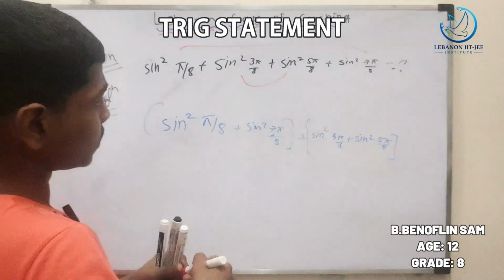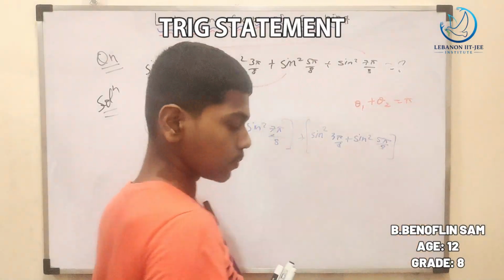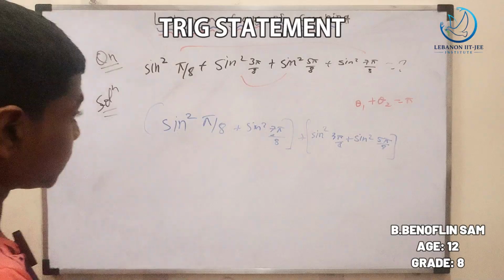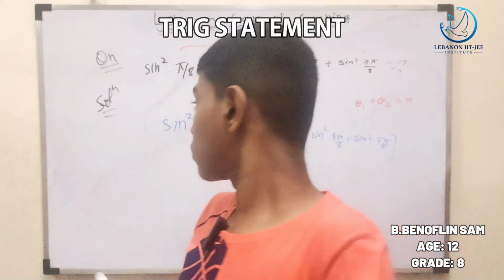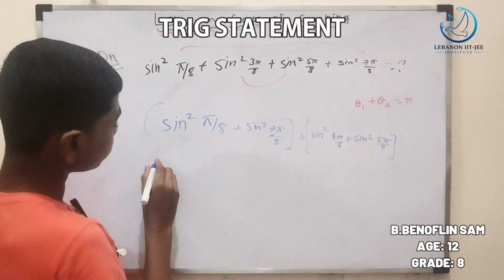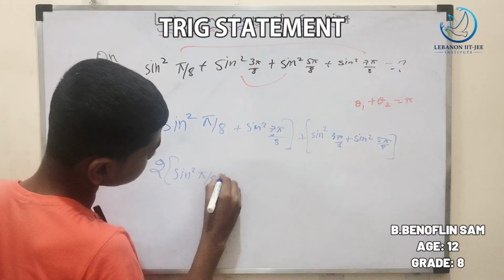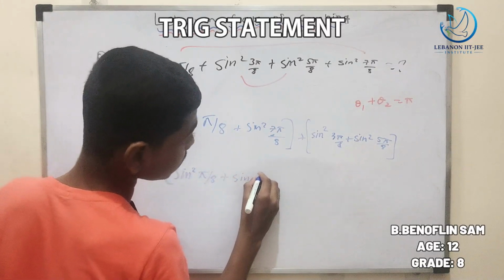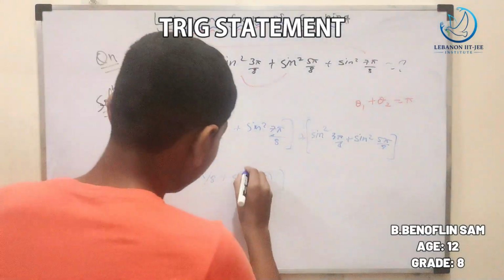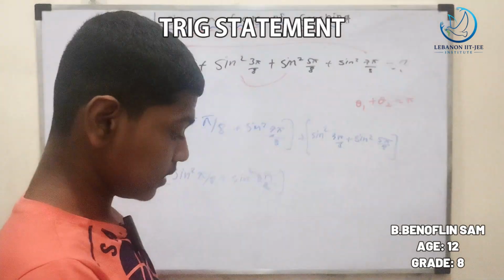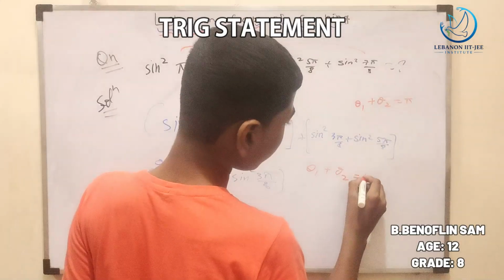This model is theta 1 plus theta 2 is equal to pi. I already told you sin theta 1 is equal to sin theta 2, so we can take 2 common: sin square pi by 8 plus sin square 3 pi by 8. Now the difference is theta 1 plus theta 2 is equal to pi by 2.